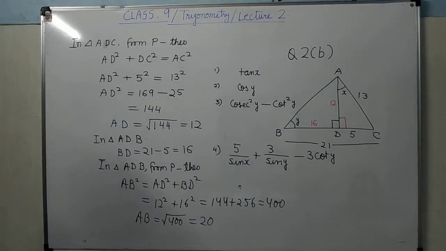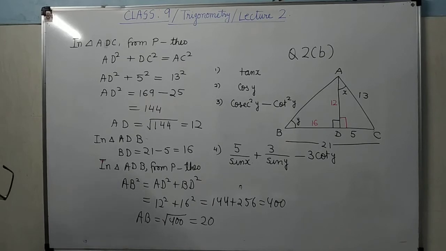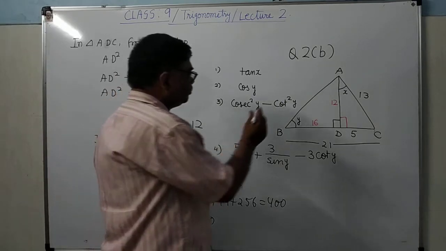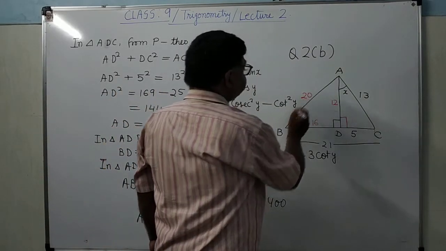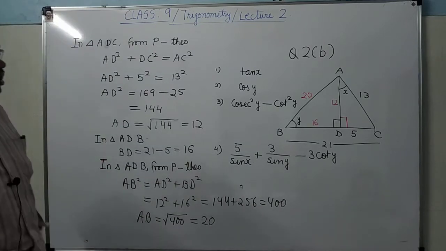So now you can see here, all the three sides of both the triangles are known to you. It's clear? Now you write here AB equals 20. Then you have to find these trigonometric ratios.